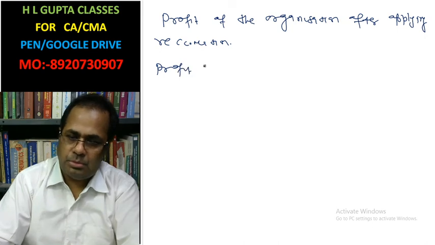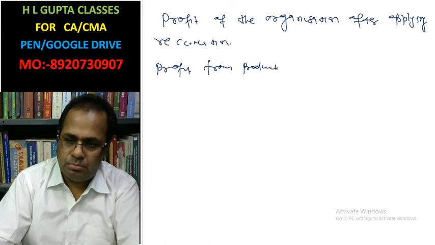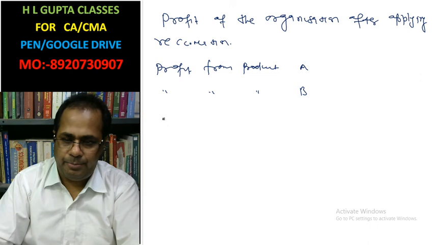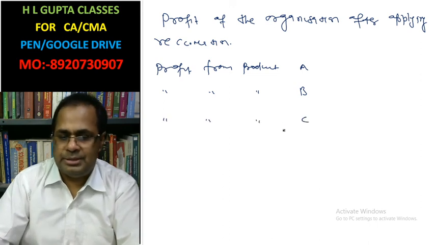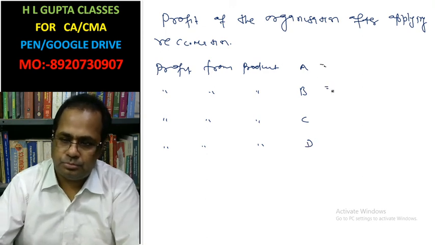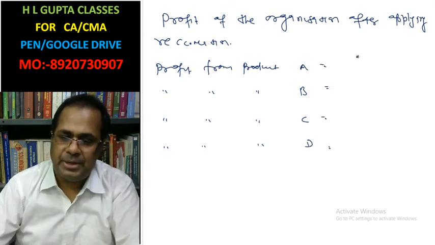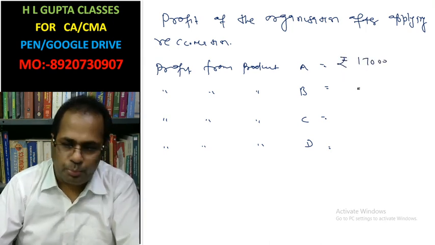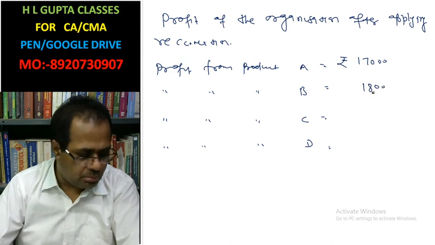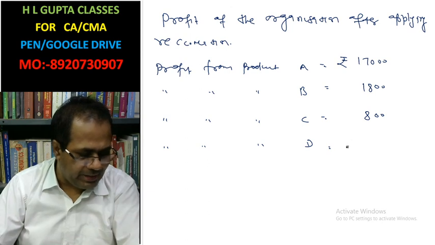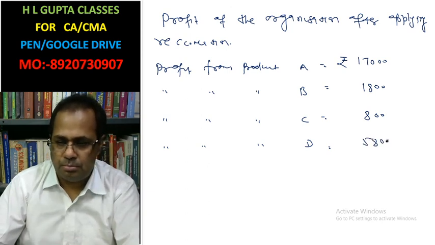Profit from products A, B, C, D: rupees 17,000, rupees 1,800, 858,000, 5,800.